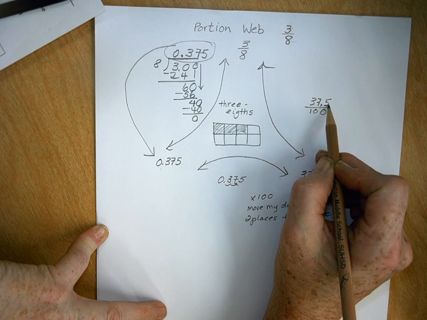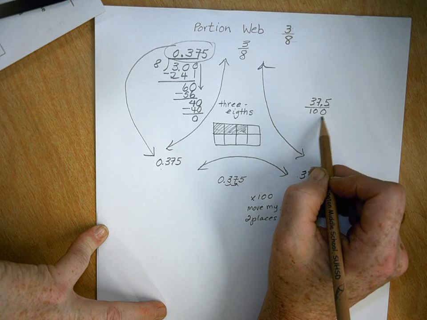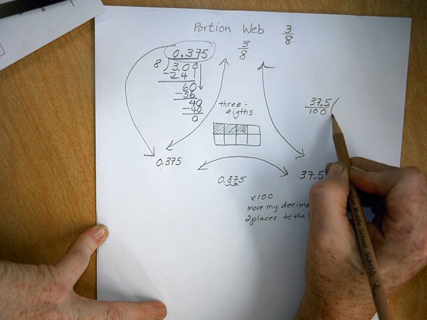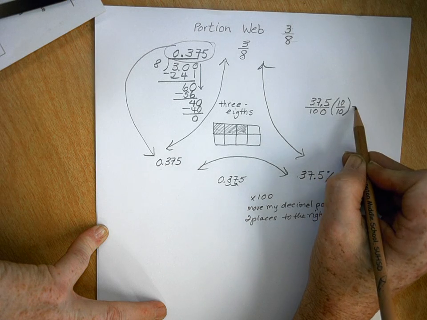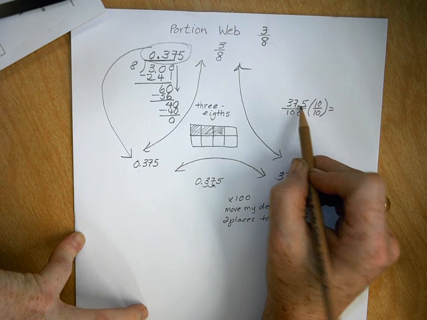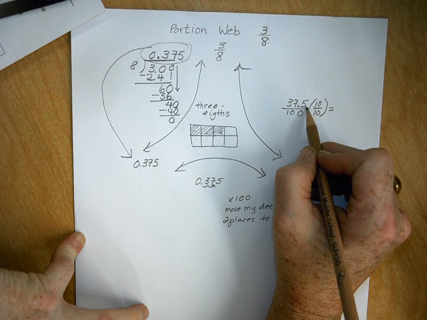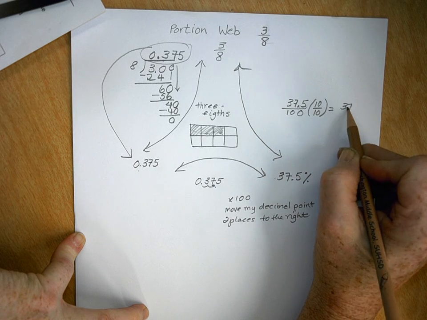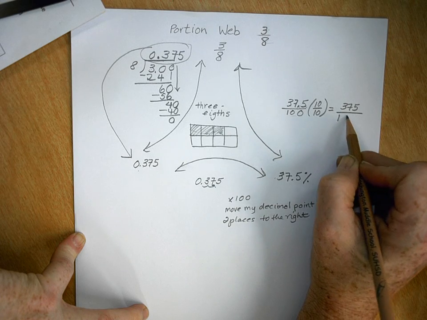To do that, I'm going to need to multiply this by 10. But if I multiply this by 10, I need to multiply this by 10. So I'm going to multiply by a giant 1, 10 over 10, to change it to a fraction that does not include a decimal point. So 10 times this amount, move that over, is 375 over 100 times 10 is 1,000.